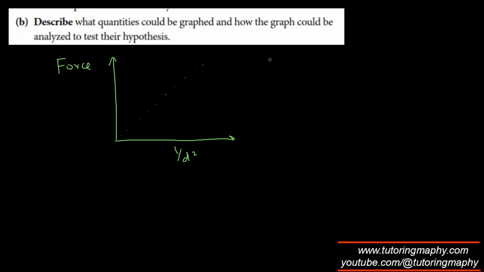So I'm going to say that if graph is straight line, the hypothesis is correct. Otherwise, no. So that's how we can conclude our hypothesis.